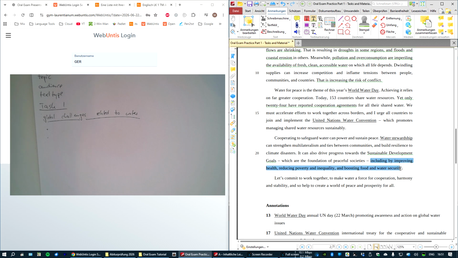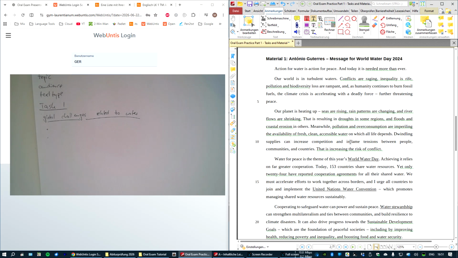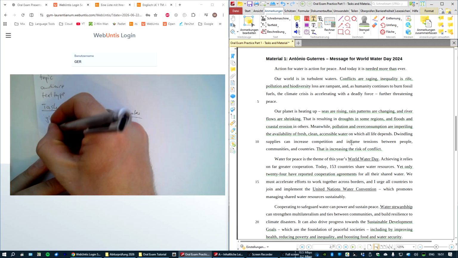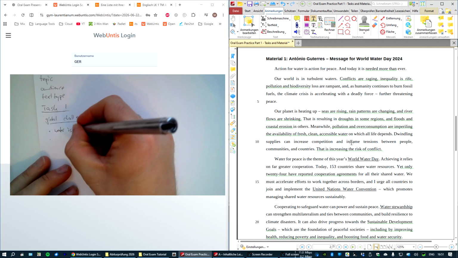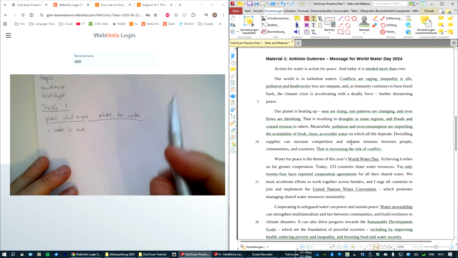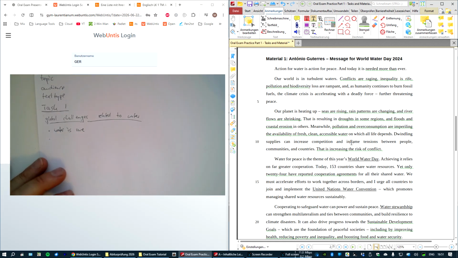So I hear, of course, improving health, reducing poverty. These are things that are in danger when there's not enough water. So let's note down water is rare, that would be needed more than ever. Conflicts are raging, pollution and biodiversity.